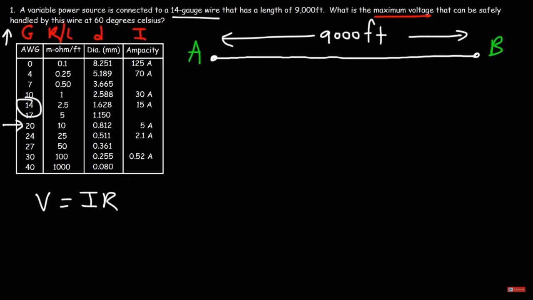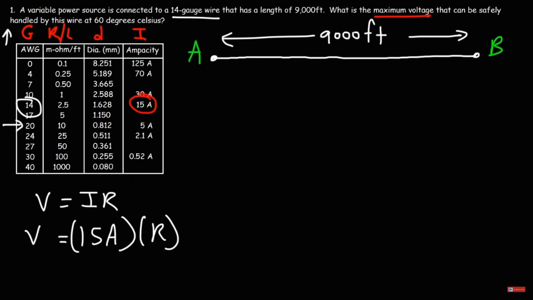Using the table, we could see that the maximum current that it can handle at 60 degrees Celsius is 15 amps. So we have the maximum current. So we're going to replace I with 15 amps. Now the only thing that we're missing in order to calculate the voltage is the resistance of the wire. How can we determine that?